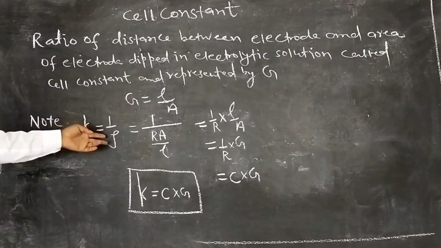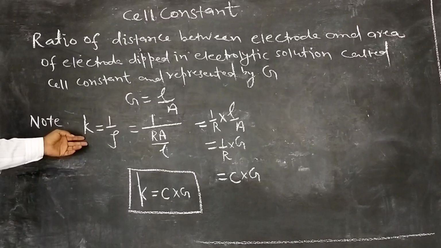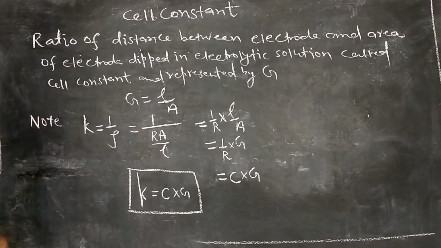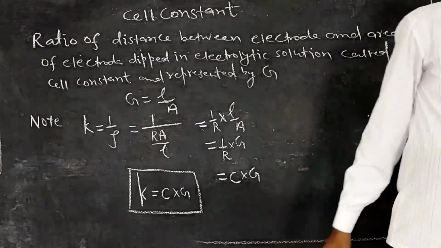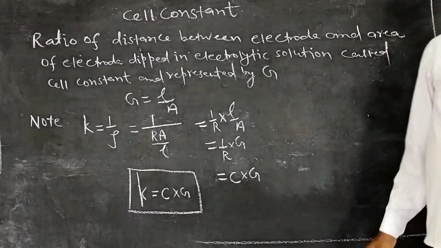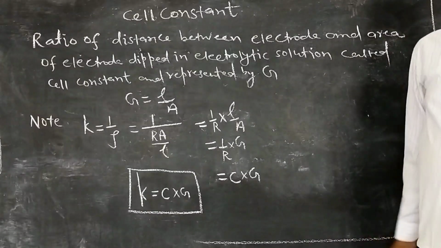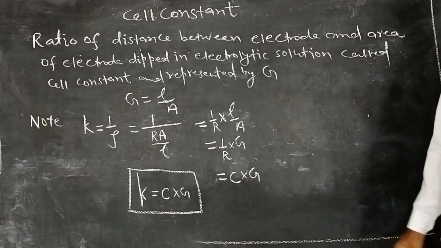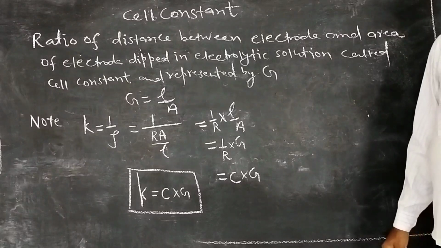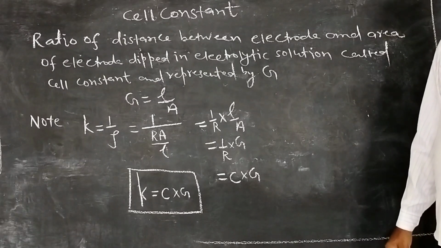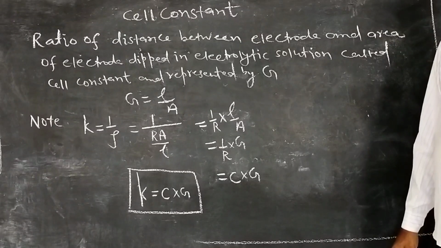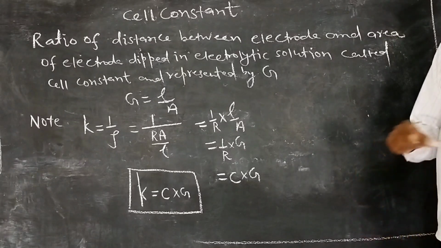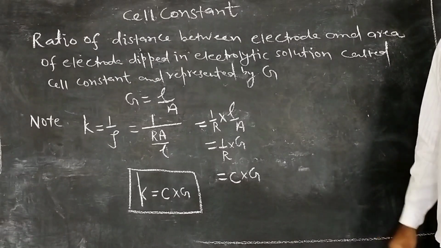Since 1 by rho, that is kappa, is known as conductivity, conductivity is of two types, that is equivalent conductivity and molar conductivity. Either molar conductivity or equivalent conductivity, both are represented by lambda.